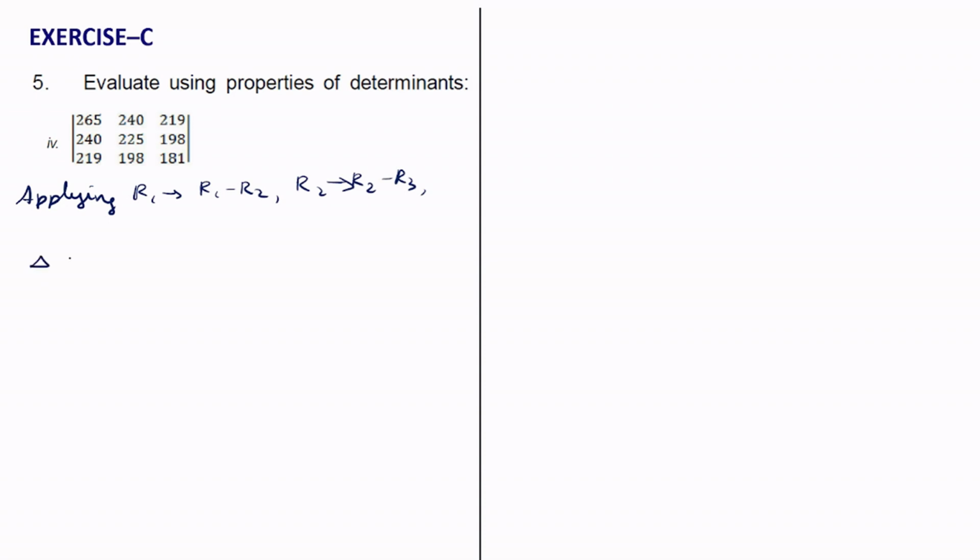We get delta as 265 minus 240, 25, 240 minus 225, 15, 219 minus 198, 21. Then R2 minus R3, 240 minus 219, 21, 225 minus 198, 27, 198 minus 181, 17.